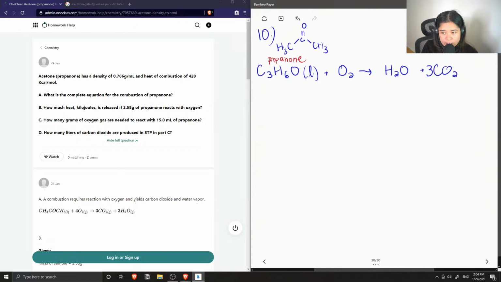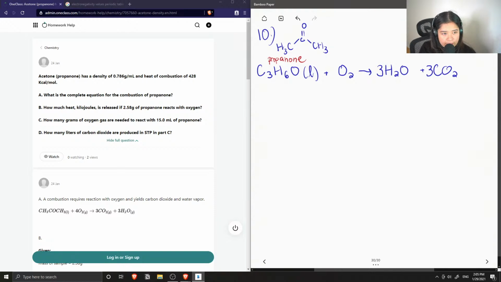So I put a 3 in front of CO2. And next I like to balance out my hydrogens. So we have 6 hydrogens in our reactant side. So I need to put a coefficient of 3 in front of the H2O.